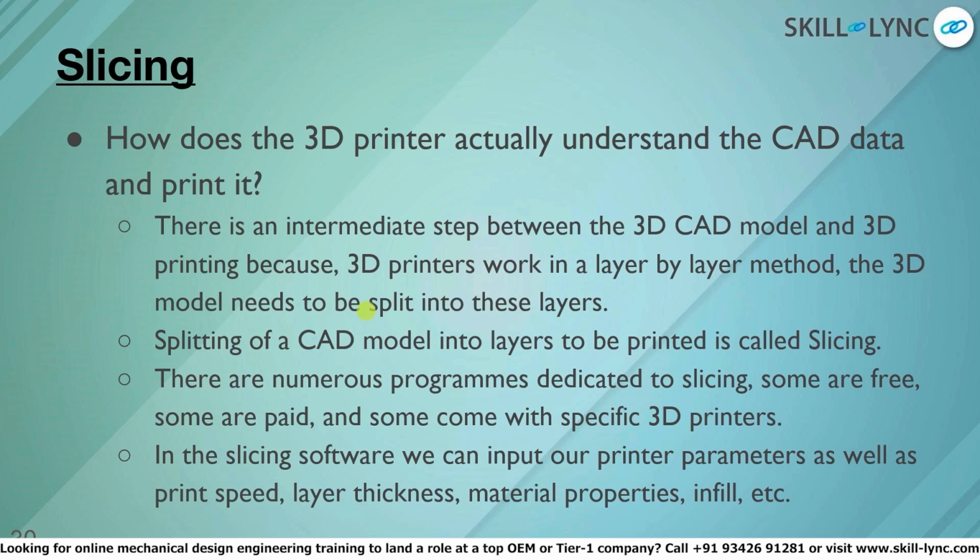So between having your 3D model created, where you have the 3D CAD data of what you actually want to 3D print, and 3D printing it, there is an intermediate step because, as we mentioned, 3D printers work in a layer by layer method, and your 3D model needs to be split in that layer by layer method for the 3D printer to be able to read and actually understand the cross section of each layer and what it needs to print or what it needs to create for each layer.